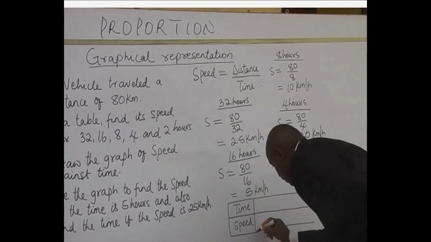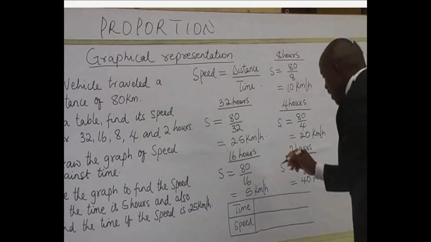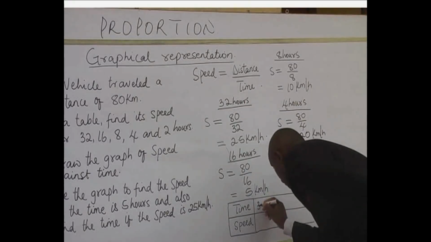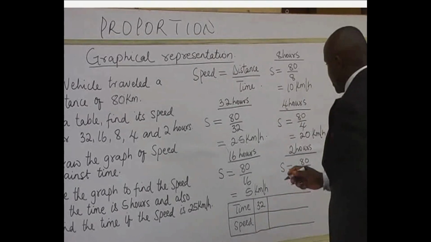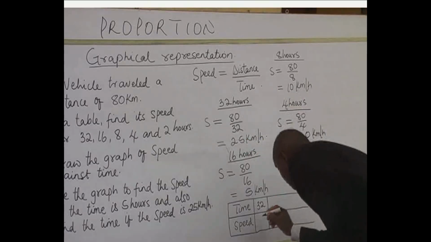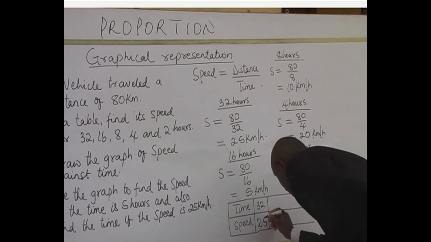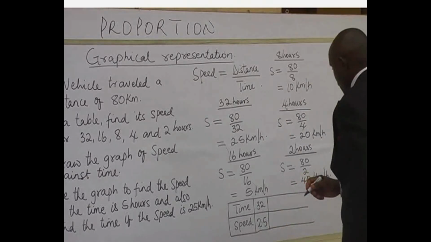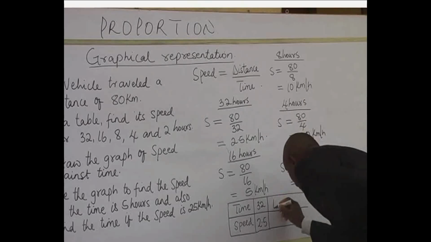The first, when the time was 32 hours, we calculated the speed to be 2.5 kilometers per hour.